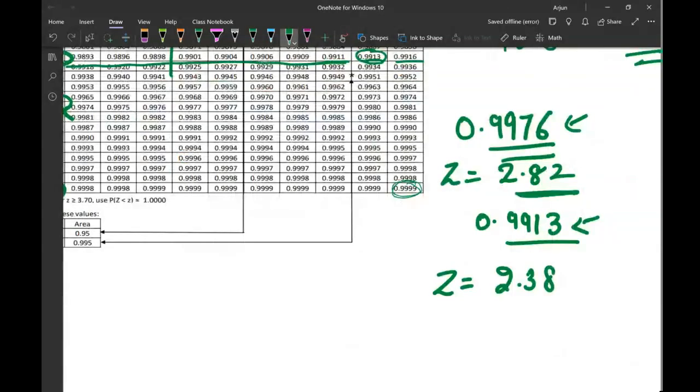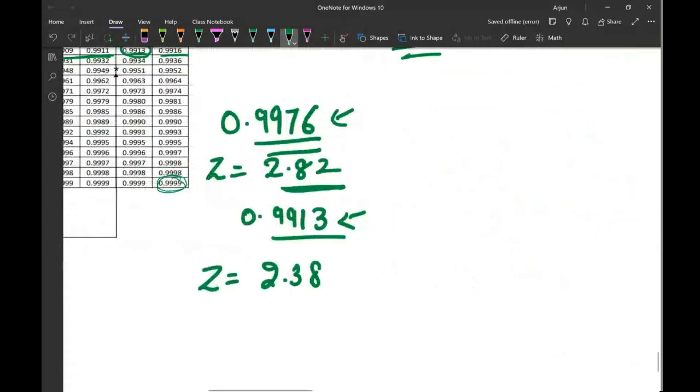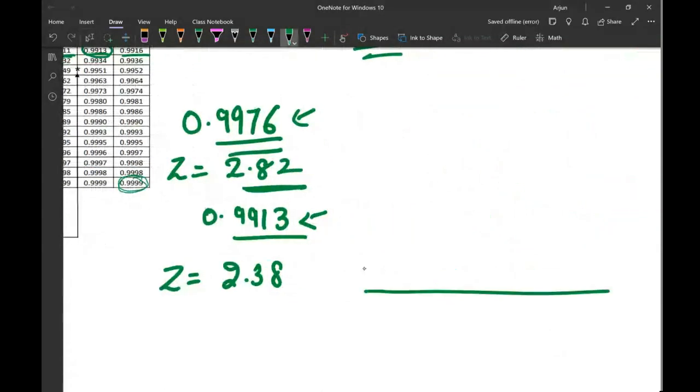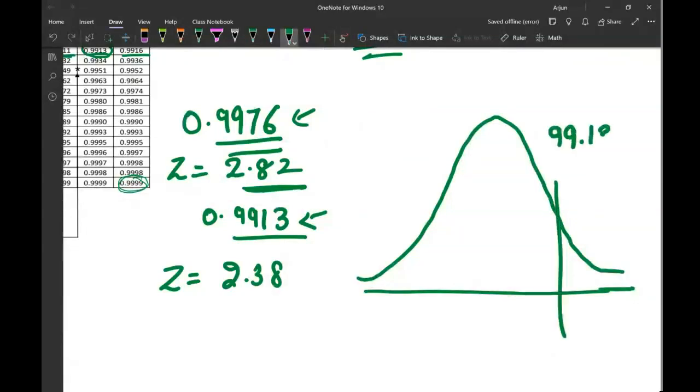Now, one more time, I just want to tell you what this means. 0.9913 on this table means you are covering 99.13% of the area, or 99.13% of the data points, starting from the origin. This is the origin point.